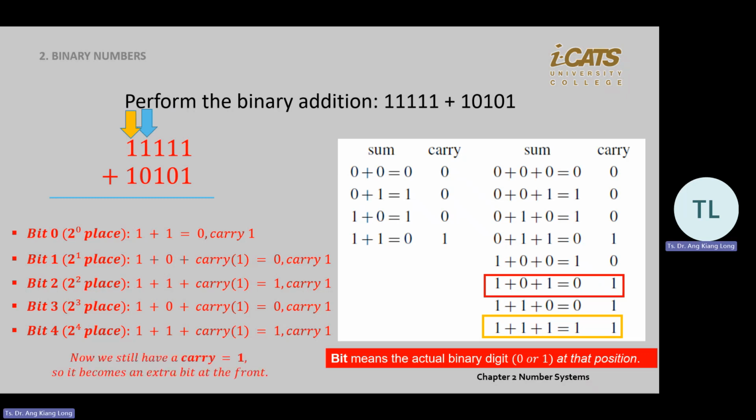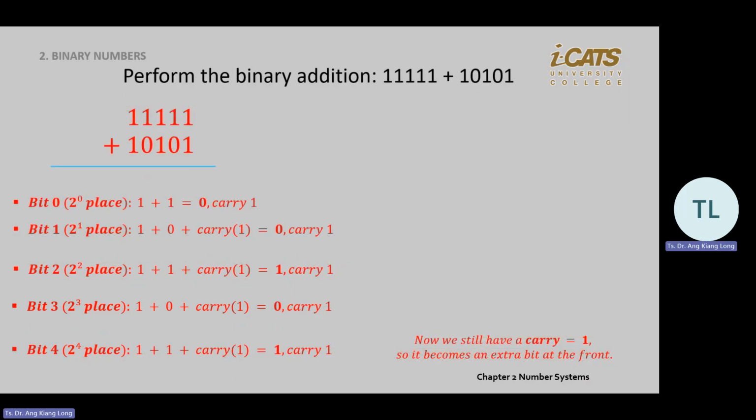Now, for the last one, you got carry 1, right? So you need to write one more 1 in the answer. So I just highlight the answer for you. Just now, bit 0, 1 plus 1 equals 0, you read the 0. You don't read the carry.